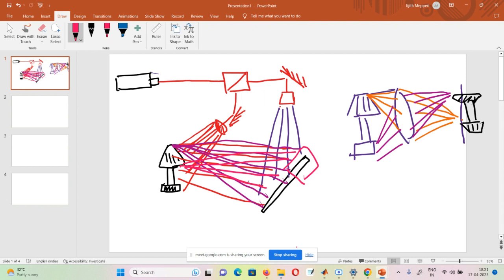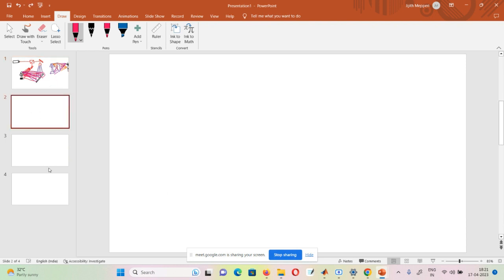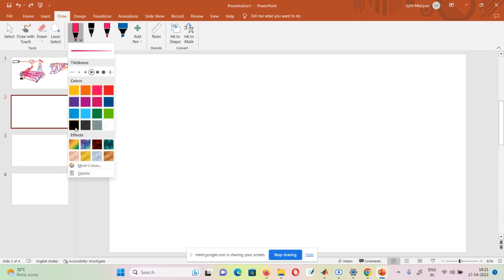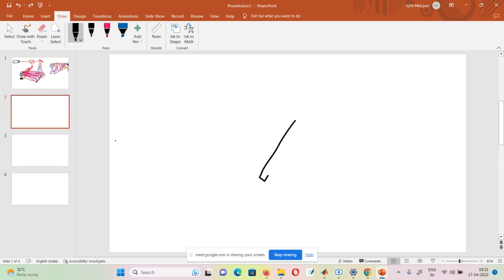After that, you take the hologram and illuminate it with a similar kind of beam. What will happen?